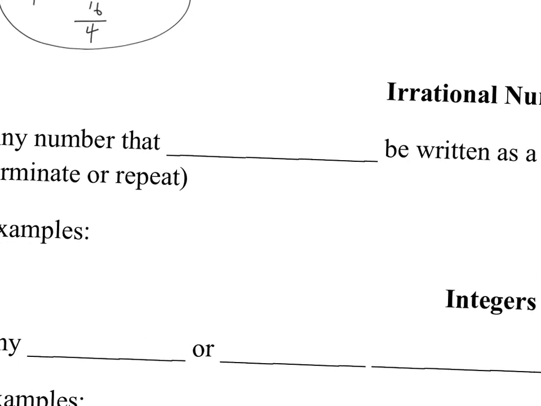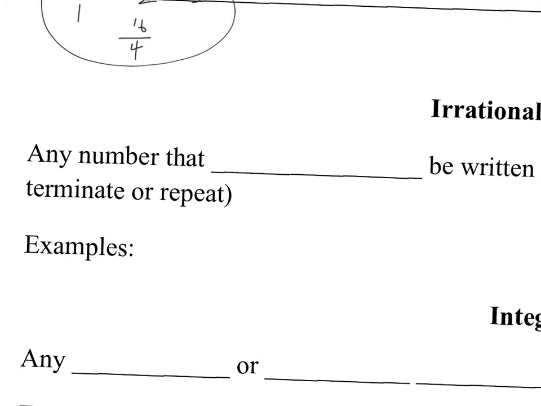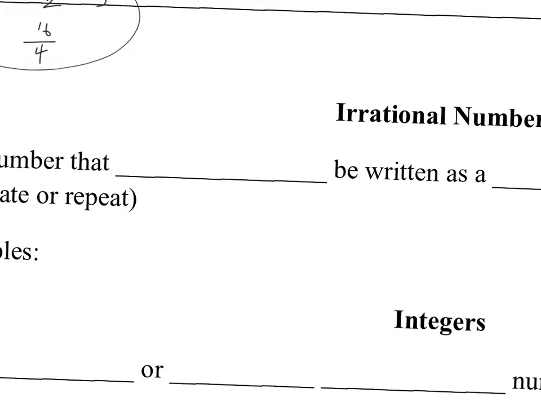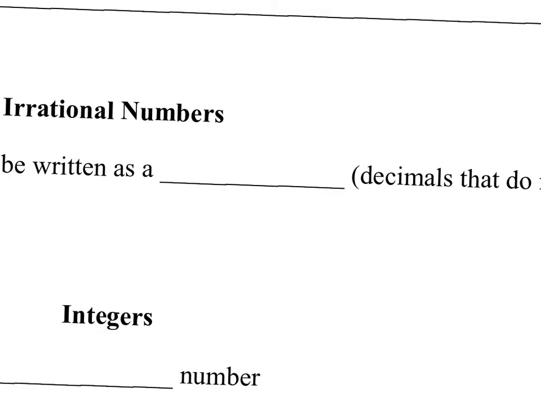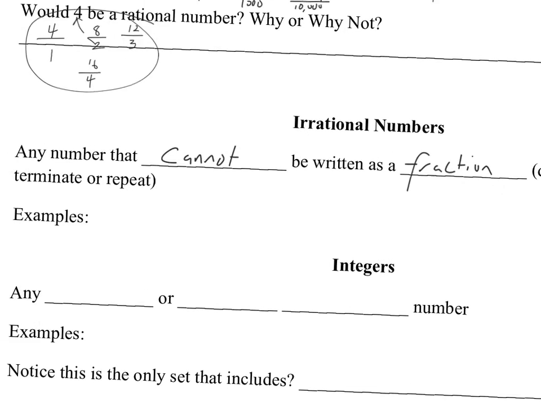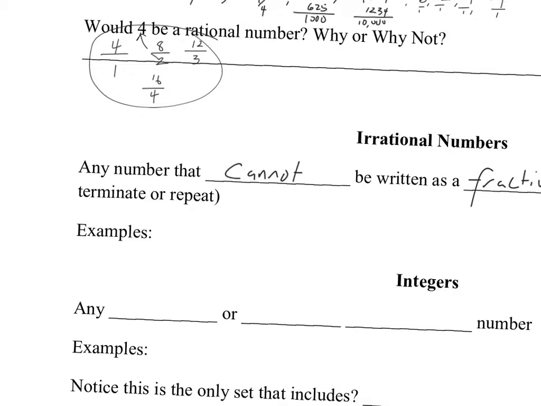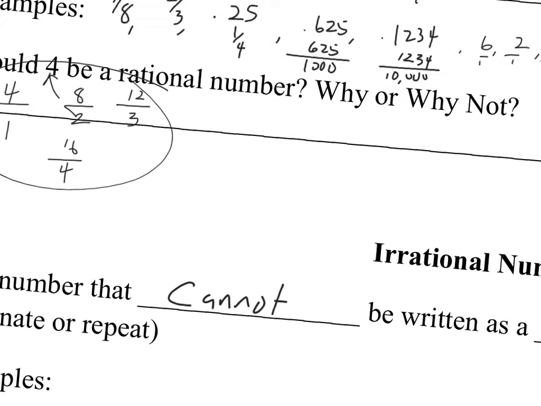And what that means in math is it's any number that cannot be written as a fraction. So those are the decimals that do not terminate, the decimals that do not end or repeat.